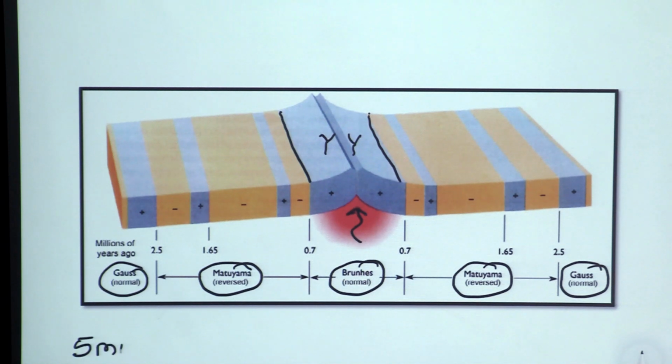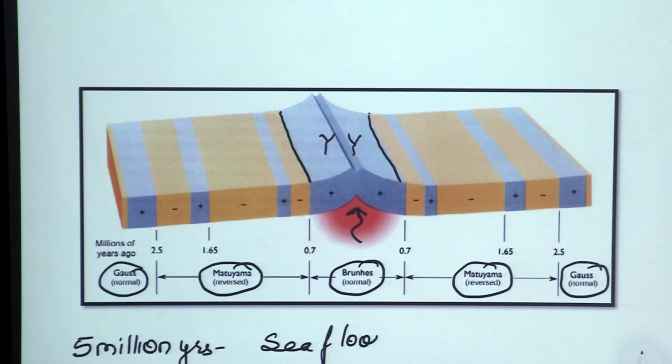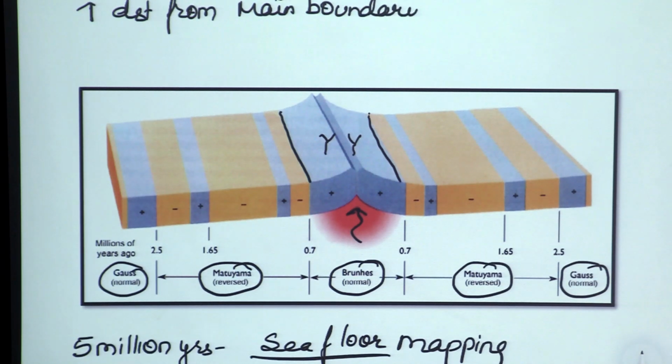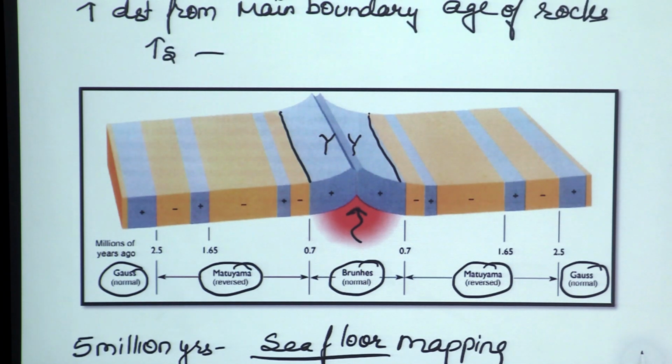5 million years of seafloor mapping has been done, which gives us the understanding that with increasing distance from the main boundary, age of rocks increases, and there is magnetic anomaly with them.